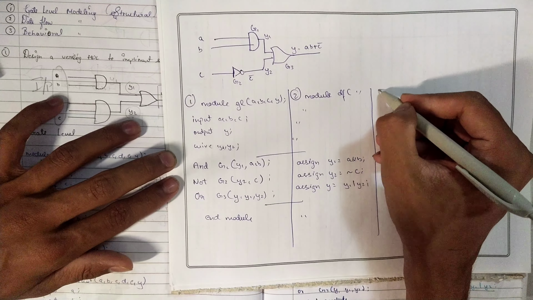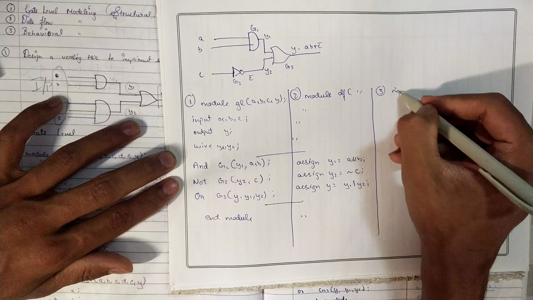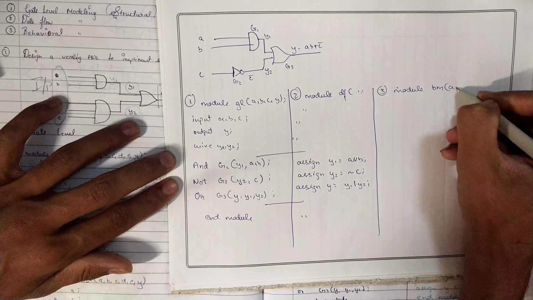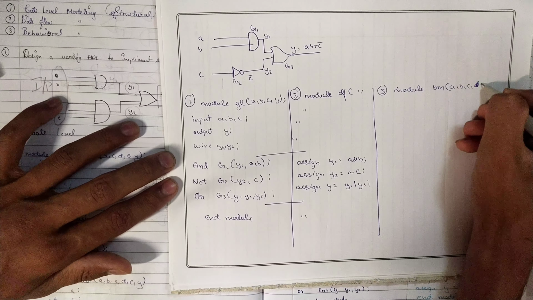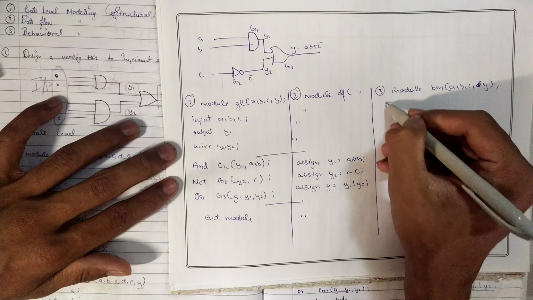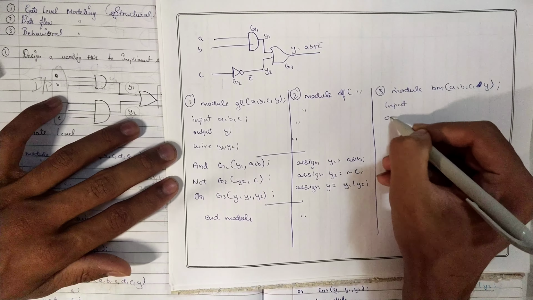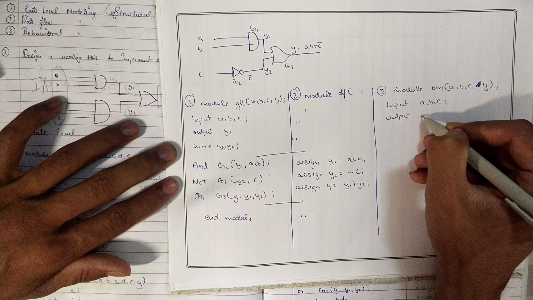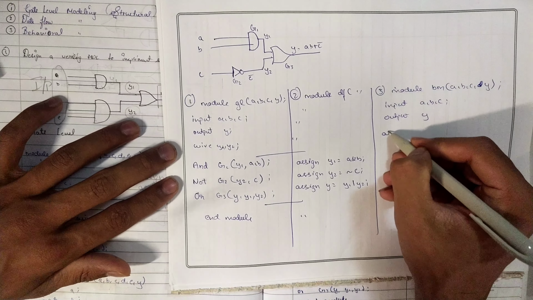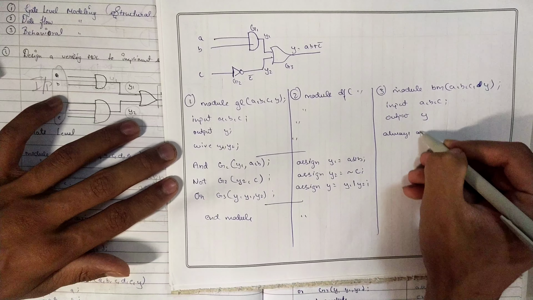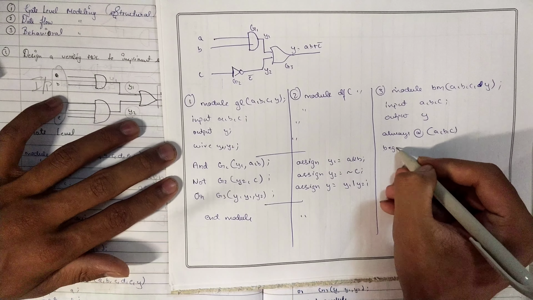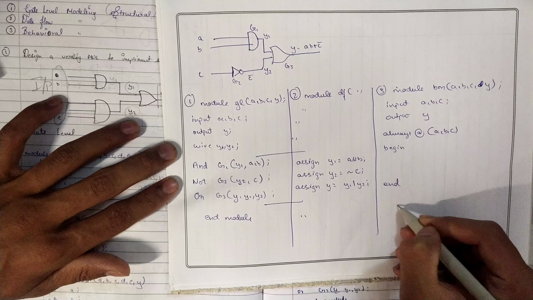Now last is the behavioral model. So again module behavioral model A comma B comma C comma Y. Now input here, output what we will have: A comma B comma C, here only Y. Now always @ A comma B comma C, the inputs itself will give, then begin and one place it will end, right, then end module.